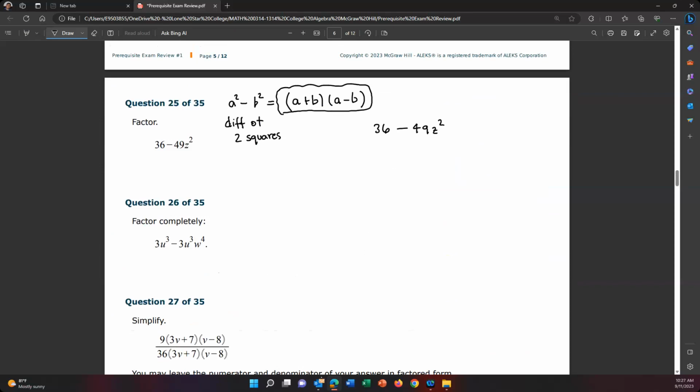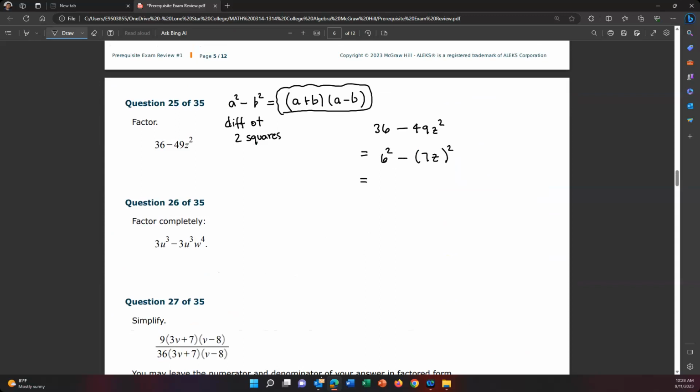I can write this as 6 squared minus 7z squared. You see what I did here? Instead of writing 36, I wrote it as 6 squared minus 49z squared as 7z raised to the second power.